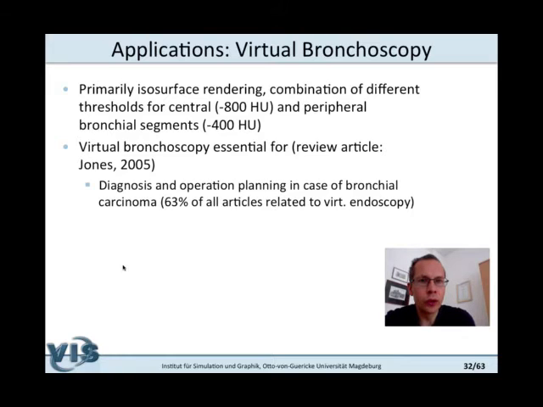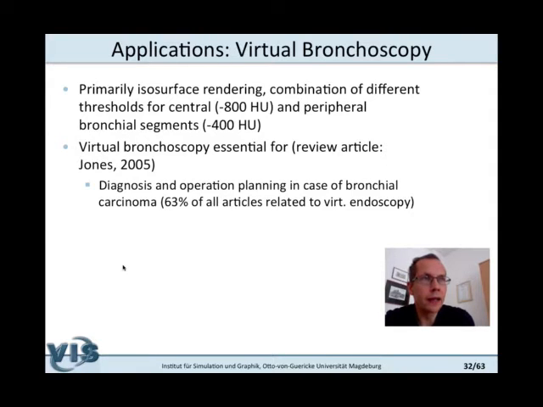And therefore, if you want to see smaller parts of the bronchial tree, bronchial segments in the periphery, these would form only a small portion of a voxel, or at least not the full voxel, and therefore you need a different threshold to segment them, to see them. So often the isosurface rendering is a combination of two thresholds, minus 800 for the central bronchial segments and minus 400 for the smaller segments in the periphery.